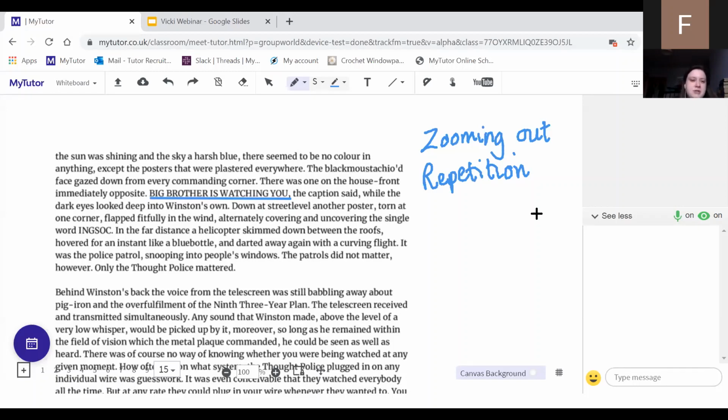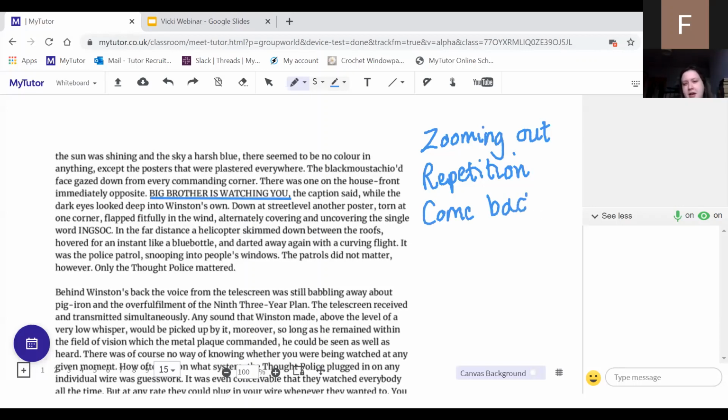It was the police patrol snooping into people's windows. The patrols did not matter, however, only the thought police mattered. Right, so with this one, I could say there's zooming out, there's repetition. We've sort of come back to the weather.